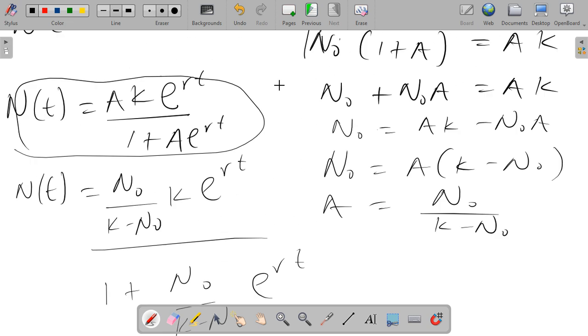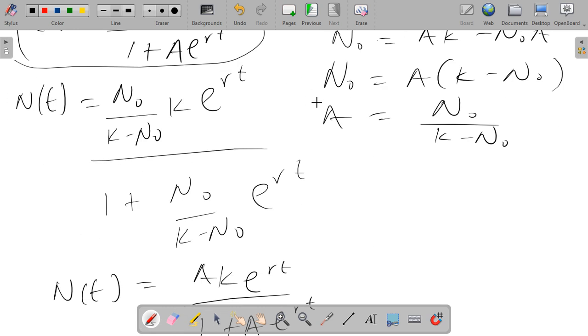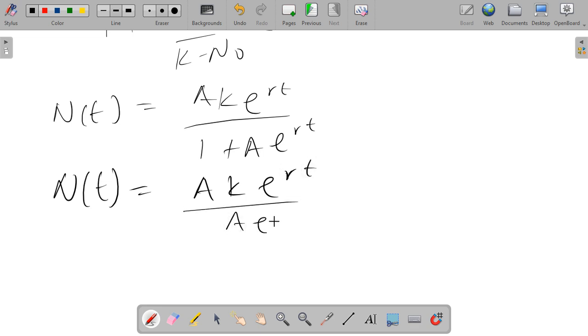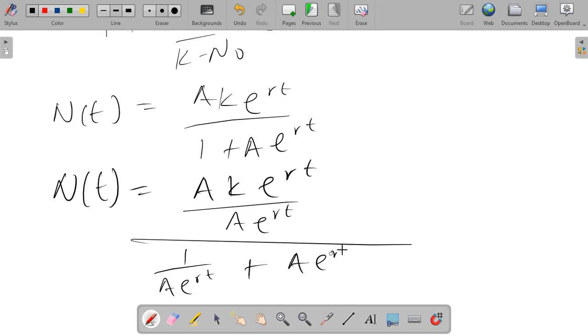Let's check. Okay, yes. So now divide everybody by, you see, I'm having the same A exponential RT. So divide everybody by the same A exponential RT. So I'm going to have that N of T will now be equal to AK exponential RT over A exponential RT, all over 1 over A exponential RT plus A exponential RT over A exponential RT.